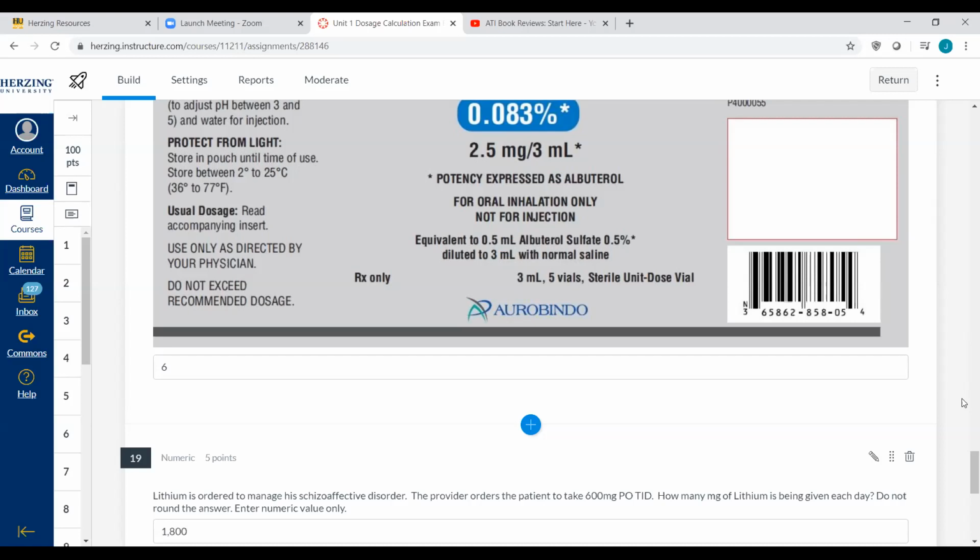So if TID means 3 times a day, then that means that's every 8 hours, right? Yes. So 600 times that would be 1800.